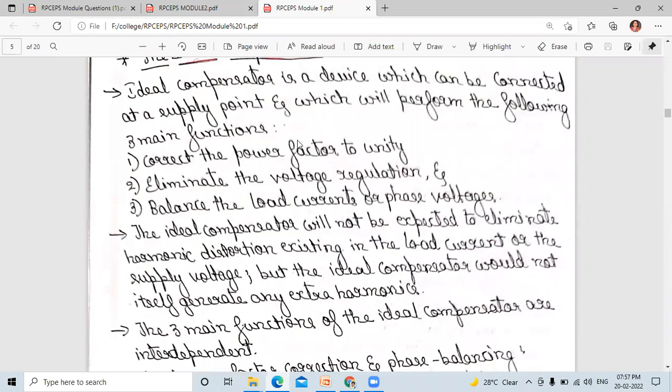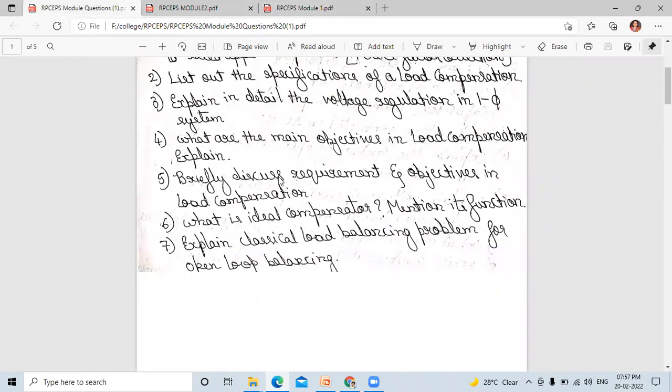If they are given for 10 marks, you need to write 4 sentences for each function. If they are given for 5 marks, then you need not explain. If they have asked to mention, then it will be for 5 marks like that.